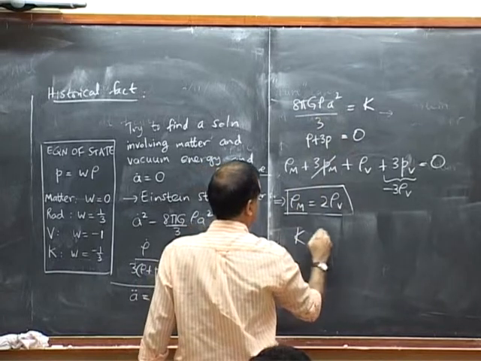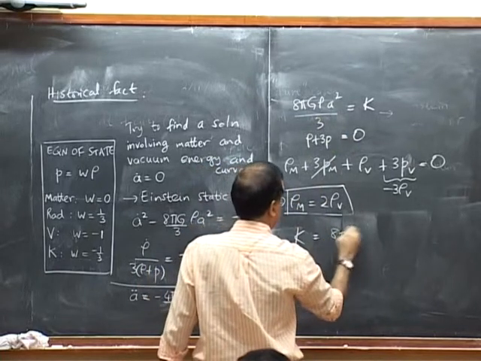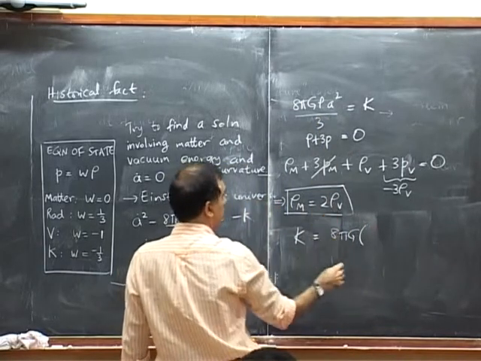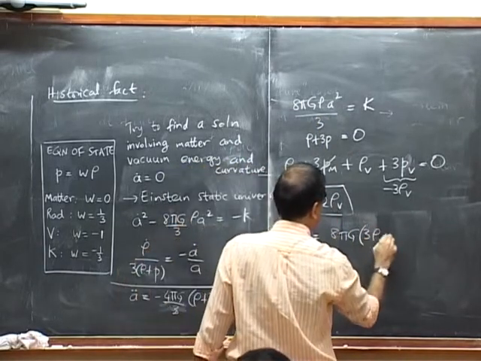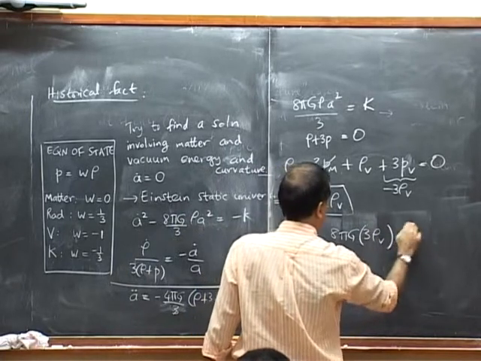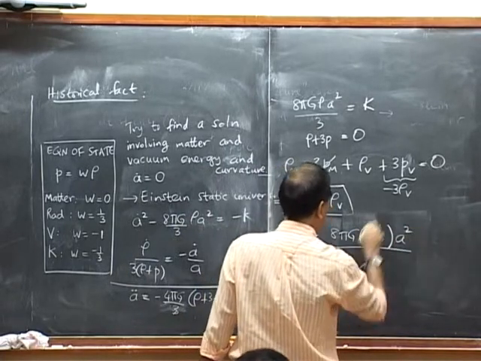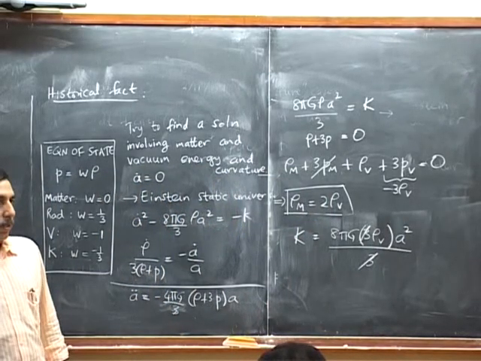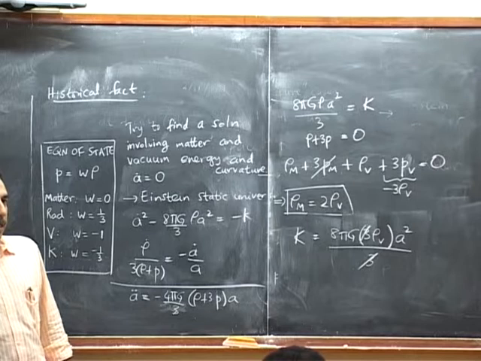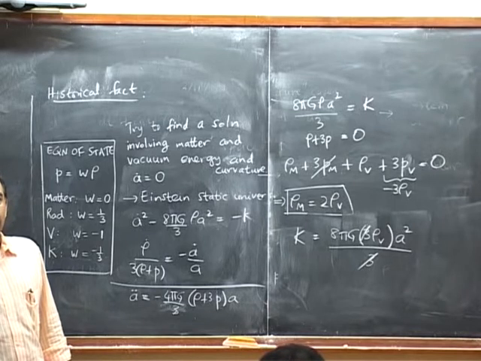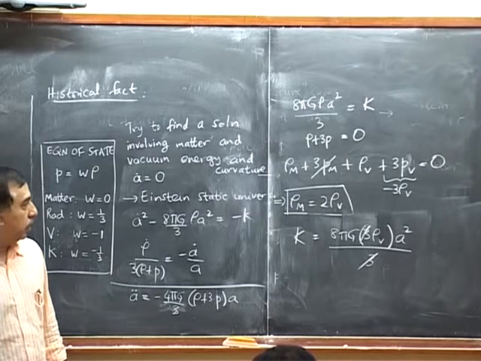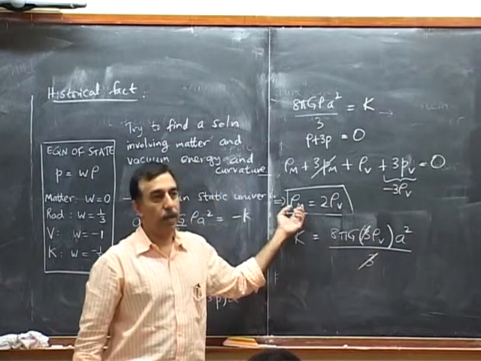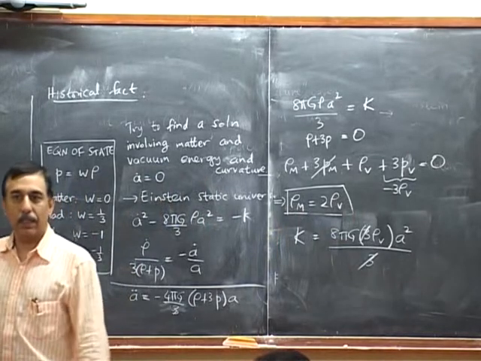So k is then determined to be 8 pi G times rho matter plus rho vacuum, which is the same as 3 rho vacuum, and the 3 cancels, so that fixes k. Alright, so this will lead to an Einstein static universe with one parameter. That parameter is the common value of k or rho vacuum or rho matter. Each of them determines the other one.